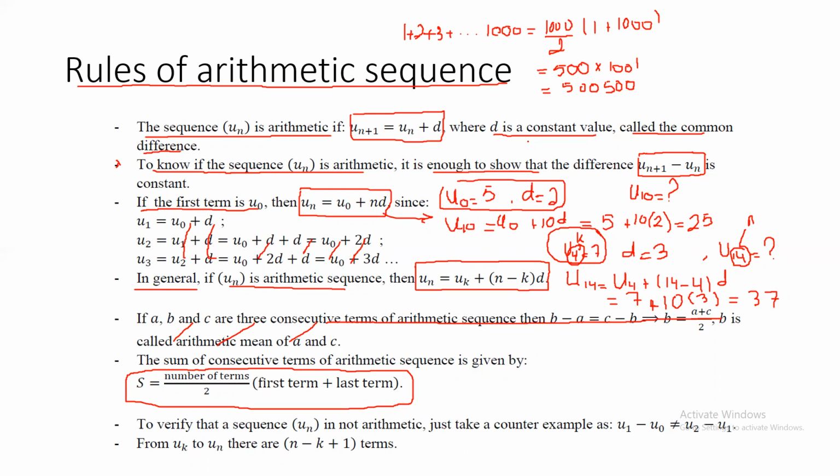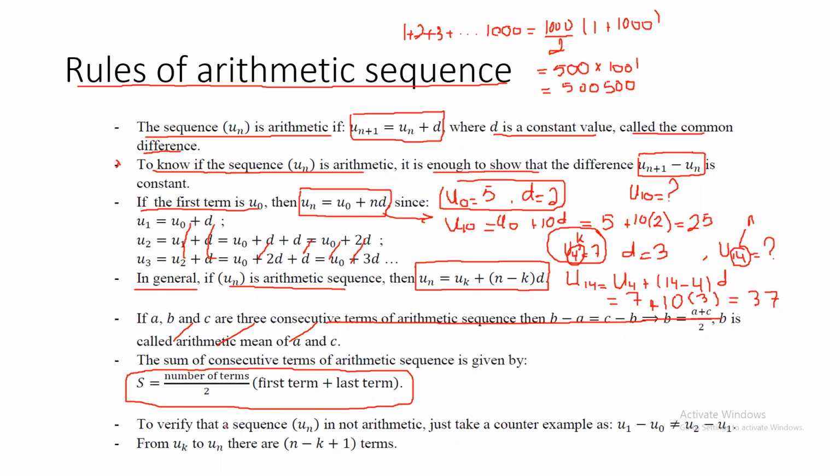Use your fingers now. From 5 to 11, how many exercises? 7. Did you count them? Yes, 7. So here you do plus 1.